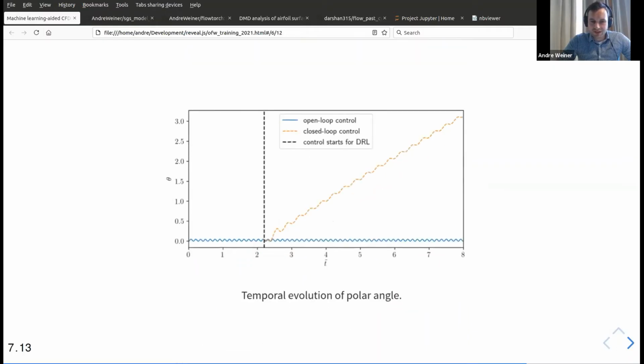What this means is that if you put a marker dot on your cylinder surface, and then you observe how the cylinder rotates, it keeps spinning in one direction. It sometimes stops and turns around, but on average, it always moves in one direction. And this is an interesting effect because it's related to the simulation setup.